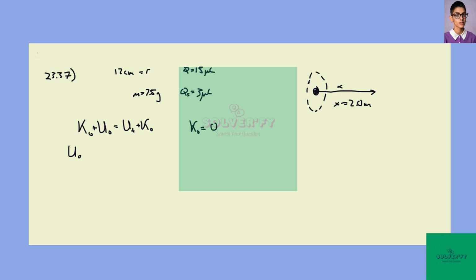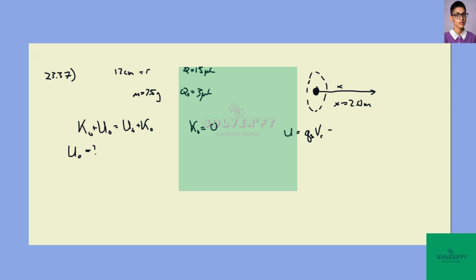Okay, so now let's figure out what the initial potential is. Well, what does this equal? The equation for the electric potential energy is the product of the point charge and the electric potential at the location of the charge.